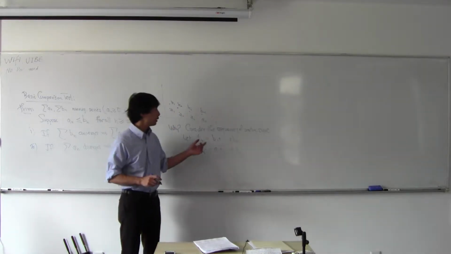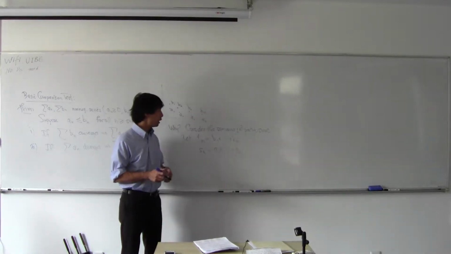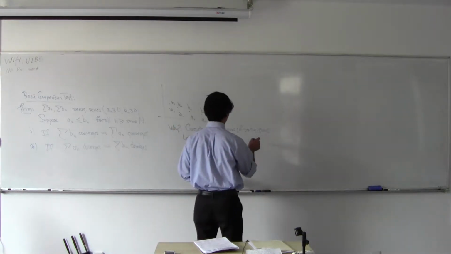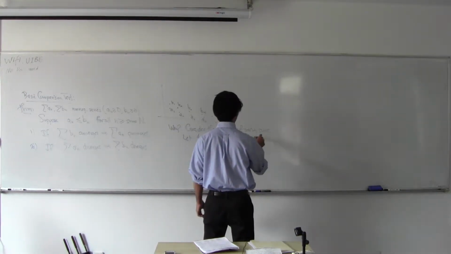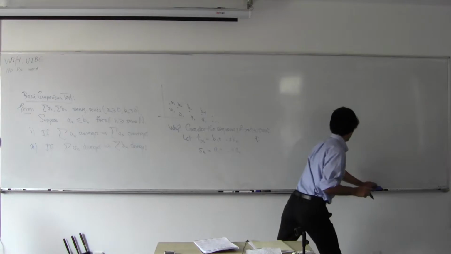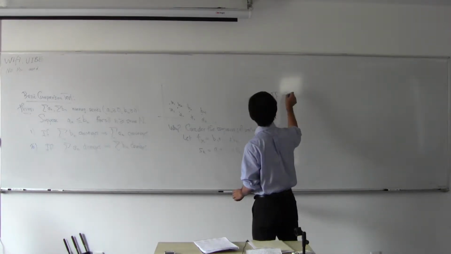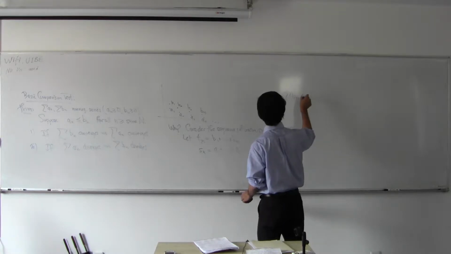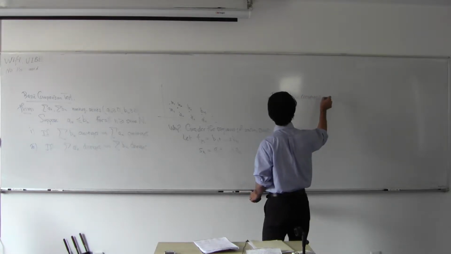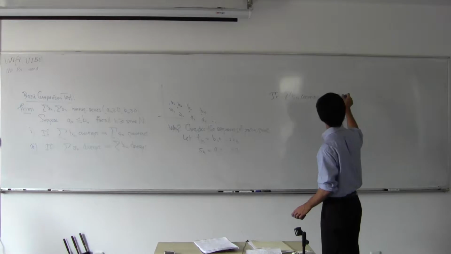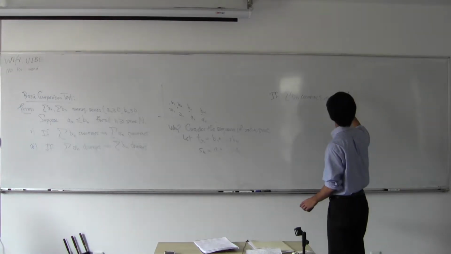Okay, so you think, well, if summation b sub n converges, that happens if and only if the T sub n are bounded.